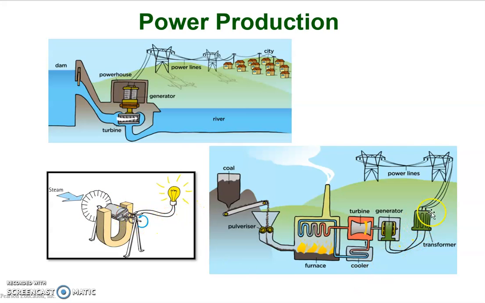Now this electricity will be passed through the power line to your house again. So you can see, no matter whether you are using the water dam or the coal as a source, the principle within the power generator is the same, but the way you obtain the mechanical energy is different. And this is the concept of power production.